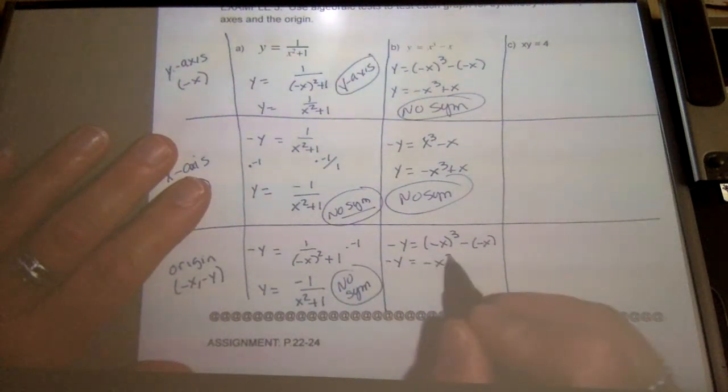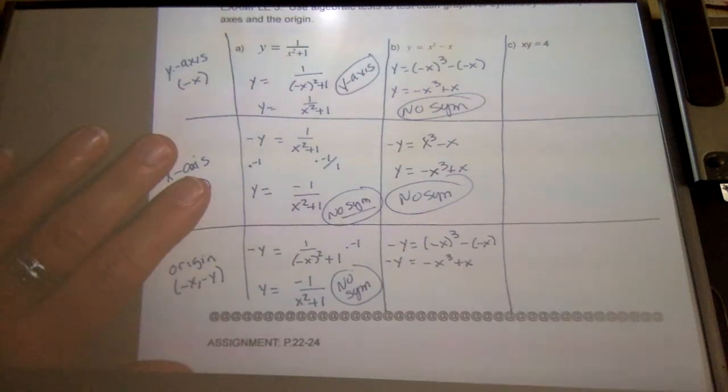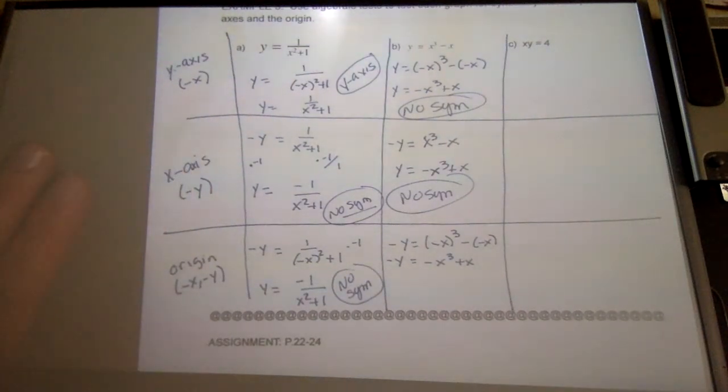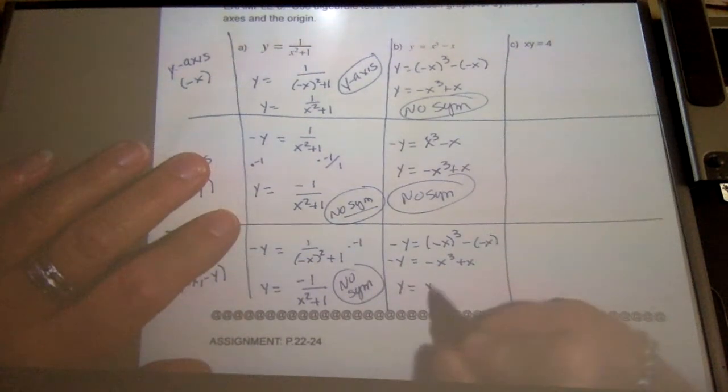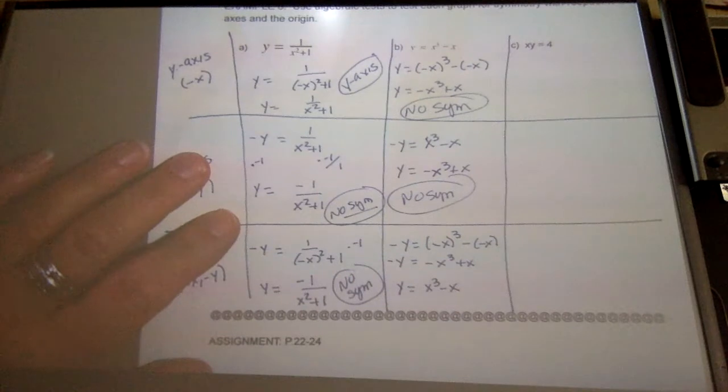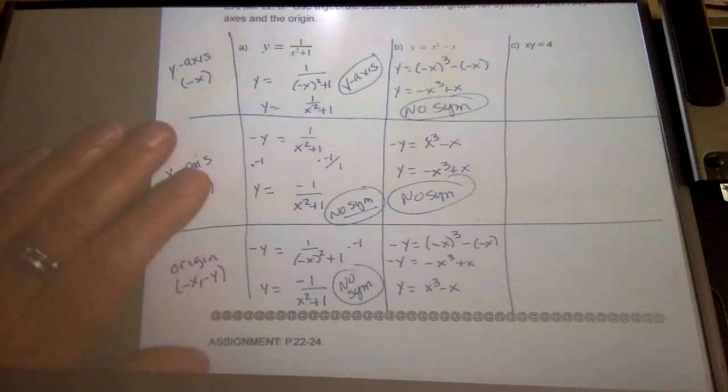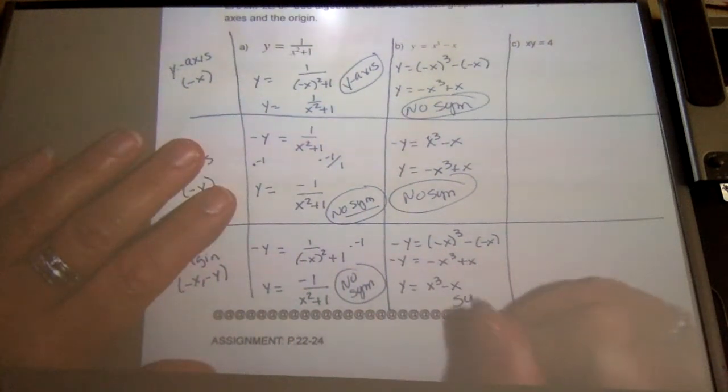So the right side is negative x cubed plus x. Then when I divide by a negative 1 or multiply everything by a negative 1, we get y equals x cubed minus x. Is that my original? Yes. So I have symmetry here.